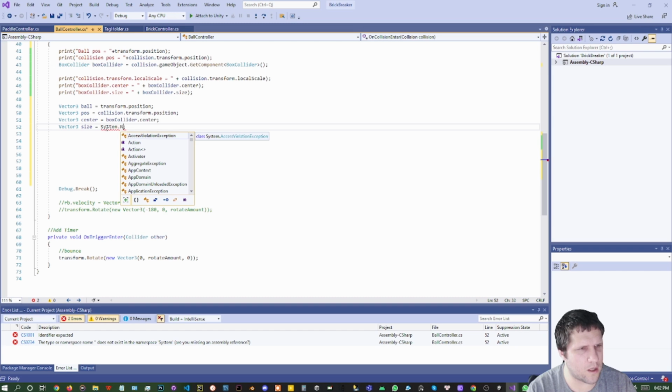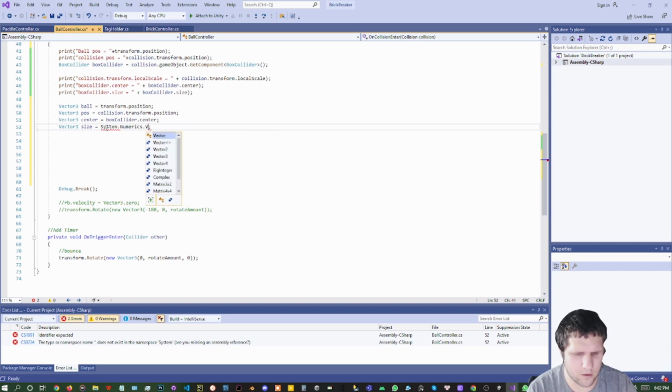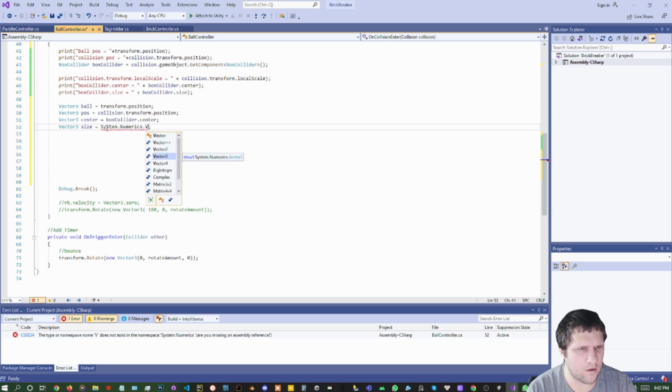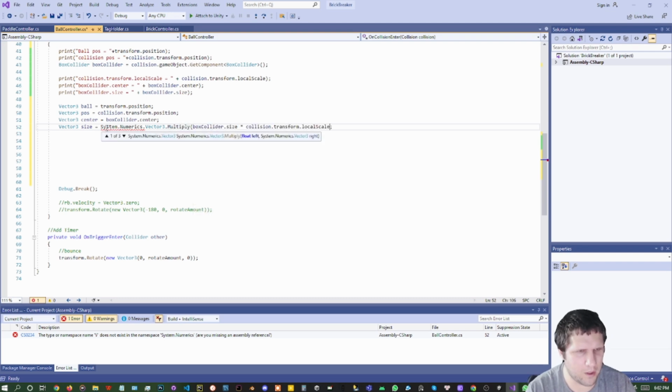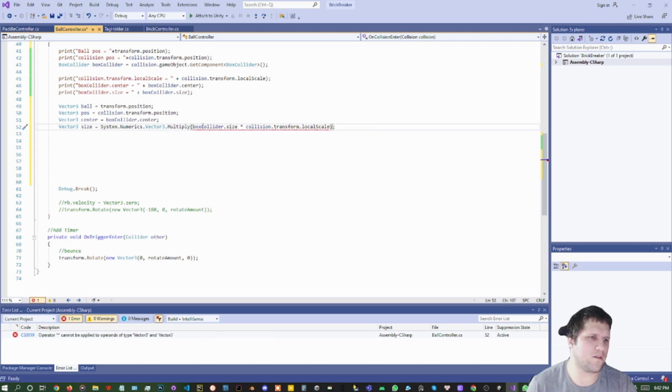System dot numerics dot vector 3 dot multiply, and does that work?